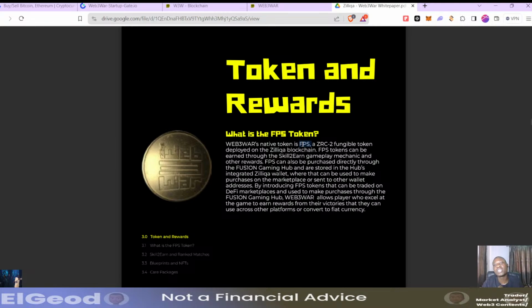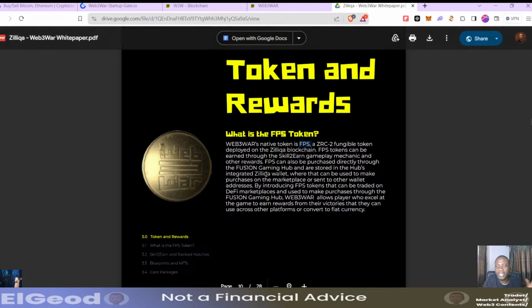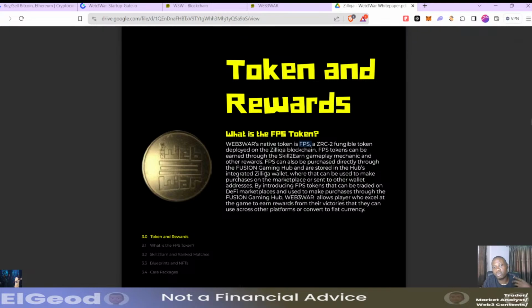FPS. Although it looks like first-person shooting game, it is much more than that. It also is the native token of W3W, or web3war gameplay. Now the thing is, by introducing FPS, the project is looking forward to injecting DeFi marketplaces into the utility and the blockchain solution they've onboarded.